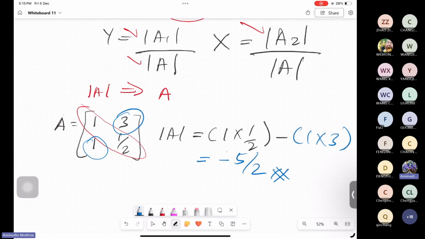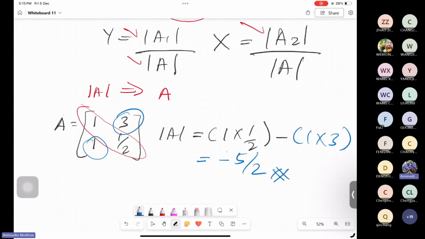I'm sure you can calculate this determinant because the formula is very easy. We just take the product of the main diagonal, minus the product of the other two elements, since we only have 4 elements here.